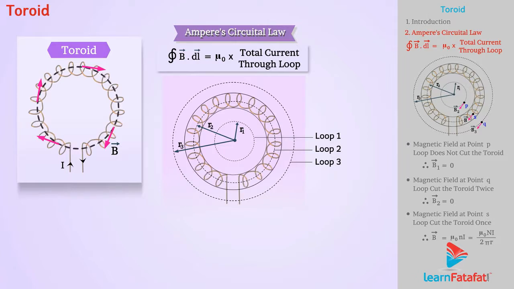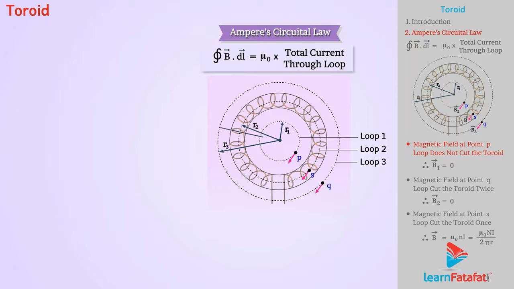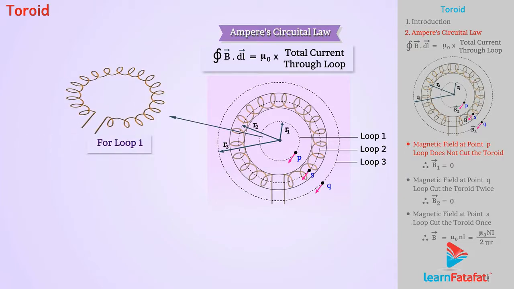With the knowledge of symmetry, the magnetic field must be tangential to all the 3 loops. Also, the magnitude of magnetic field must be equal at all points on particular loop. The circular area bounded by loop 1 does not cut the toroid. That is, total current flowing in this loop is 0.